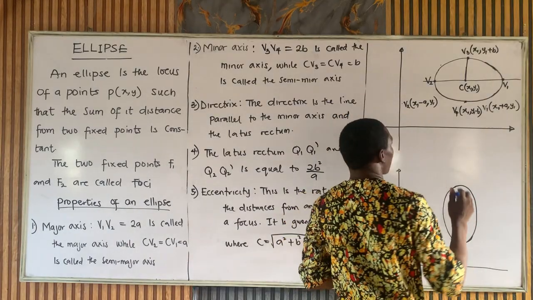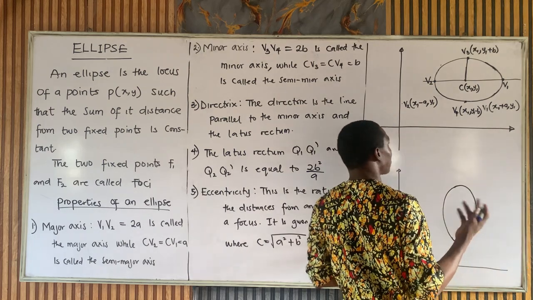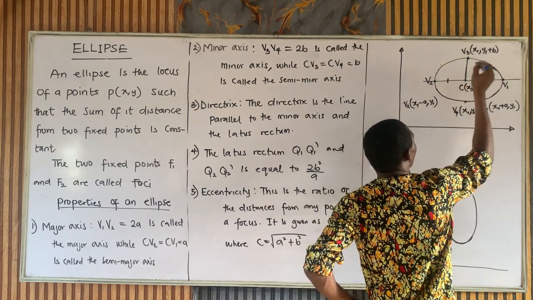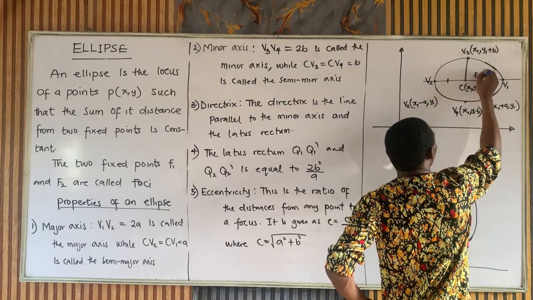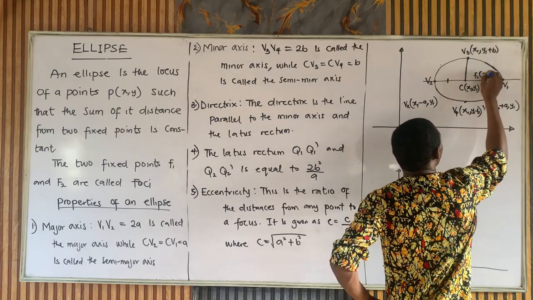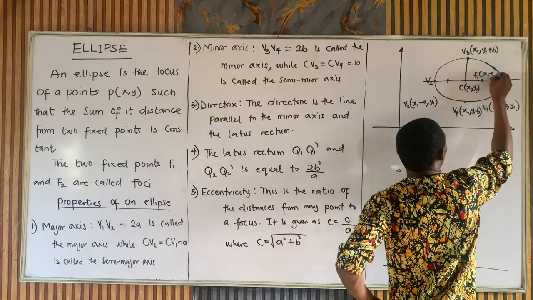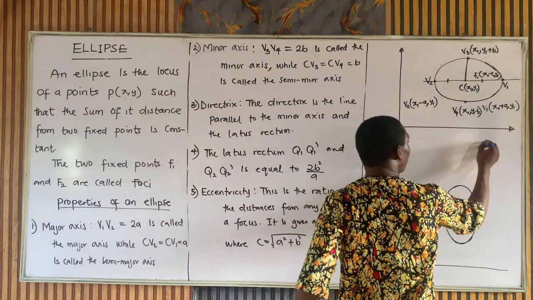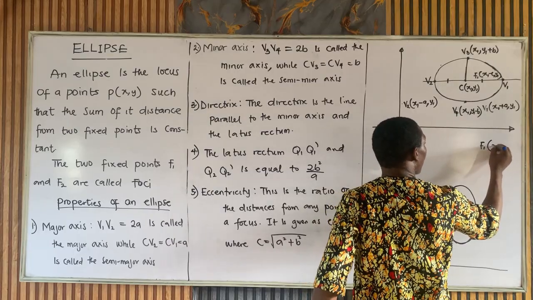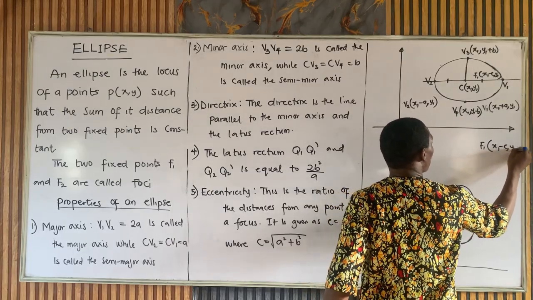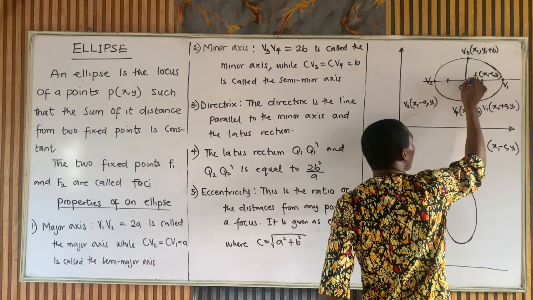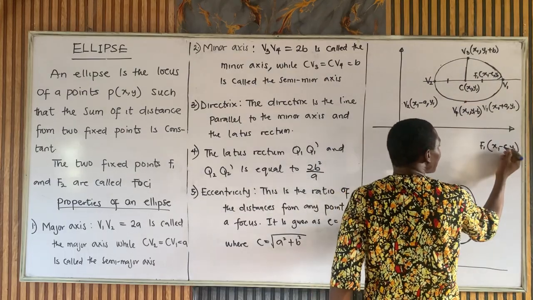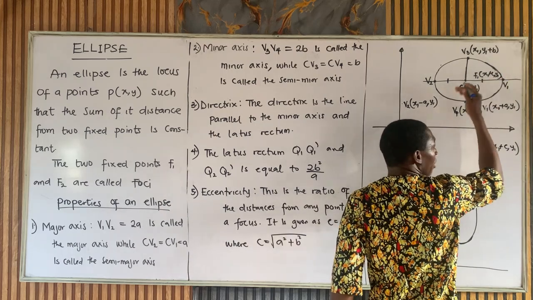Now, the next thing we have is our focuses, our foci. Focus is for one, foci is plural. This is my F1, and this is my F2. Our F1 has a coordinate of X1 plus C, Y1. The reason is because the distance from the center to the focus is C. So please, this is plus, not minus, because you're going forward.